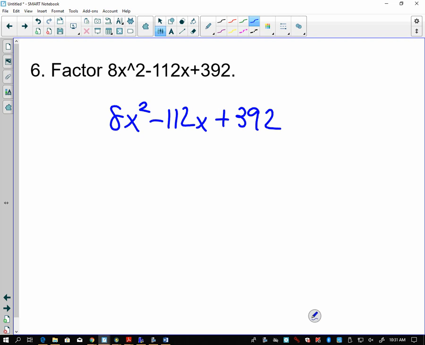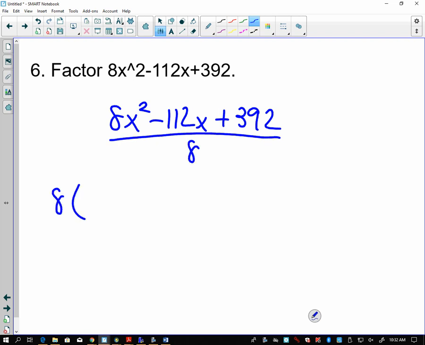See if 8 goes into everything, right? Does 8 go into 112 evenly? Now I'm not necessarily going to write anything up yet because if it doesn't go into 392 evenly, it doesn't matter. It does. So we're going to divide everything by 8. So we're going to take out an 8.